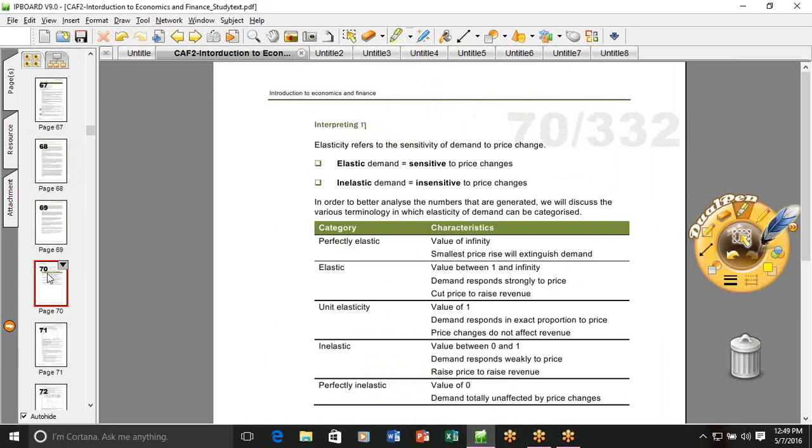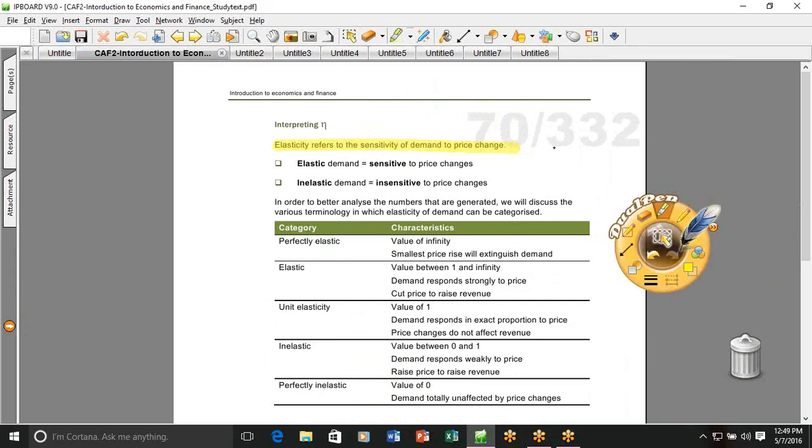Yes, elasticity refers to the sensitivity of demand to price change. ये important line है. Elasticity refers to the sensitivity of demand to price change. Like हमने क्या कहा था? Price. Okay.